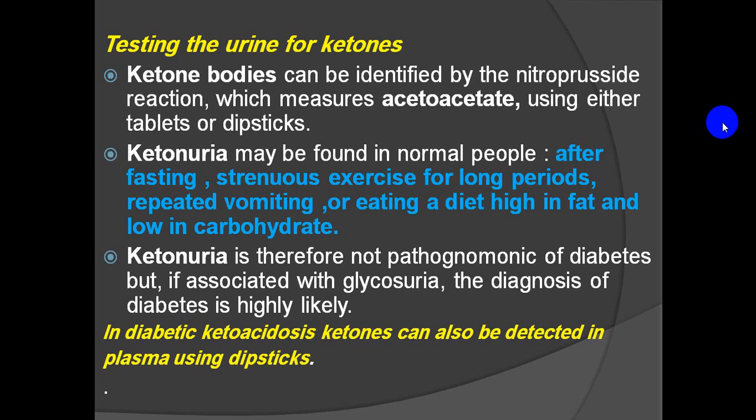This may happen after fasting or after strenuous exercise. Sometimes ketonuria may be detected after repeated vomiting or once the patient has a high fat and low carbohydrate diet. So that's why ketonuria is not pathognomonic for diabetes mellitus, but the presence of ketonuria together with glycosuria makes the diagnosis of diabetes mellitus more likely.